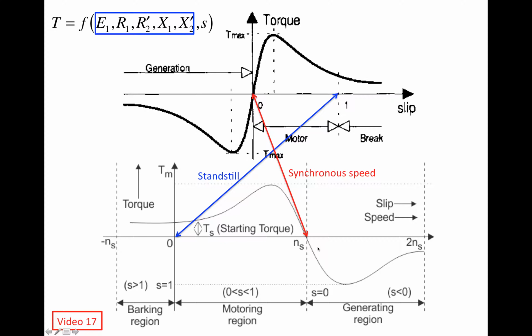In this situation, the torque is negative. Back in video 17, we talked about negative torque. Negative torque means the torque is in the opposite direction of the rotational speed of the shaft. For example, the shaft is rotating clockwise, but the torque in this region is counterclockwise.